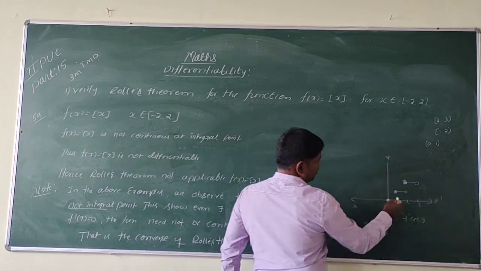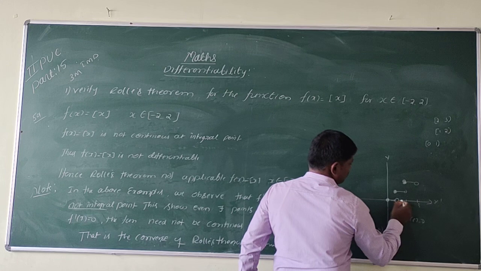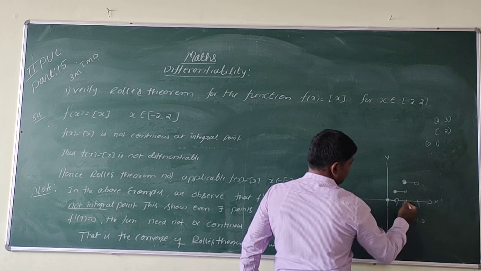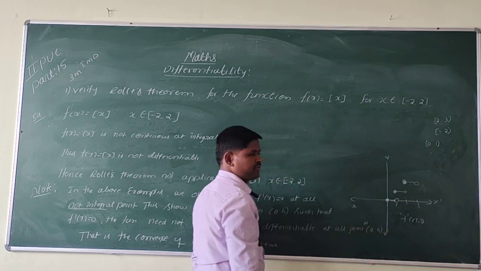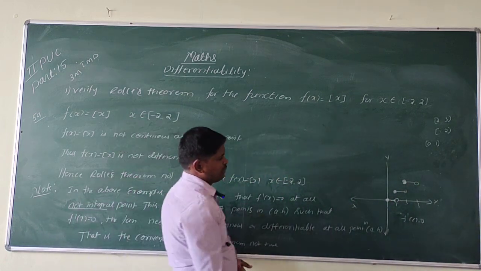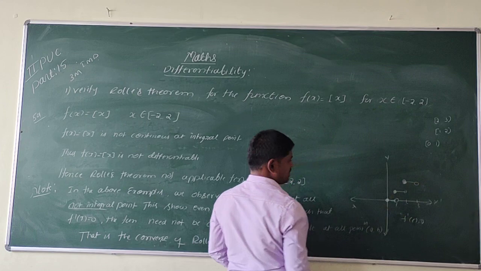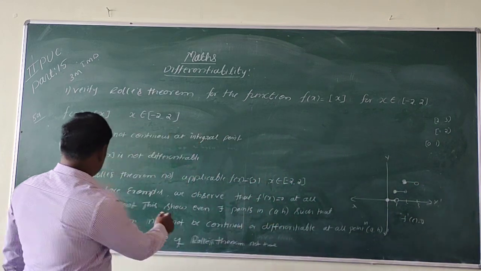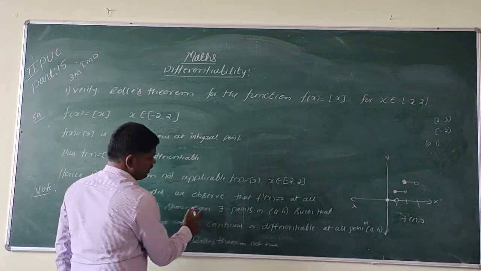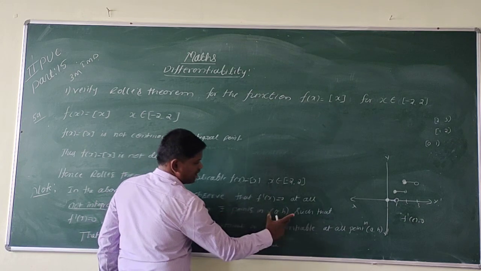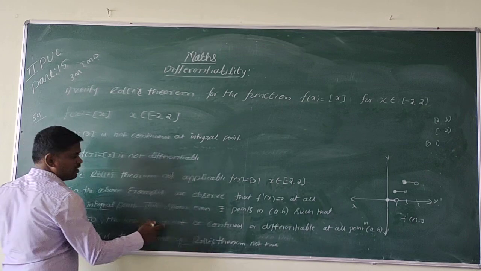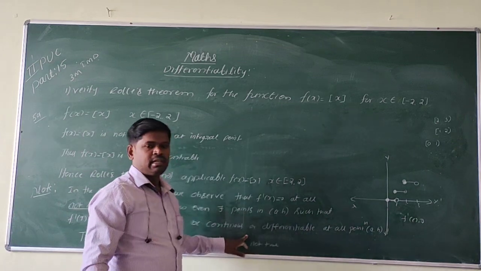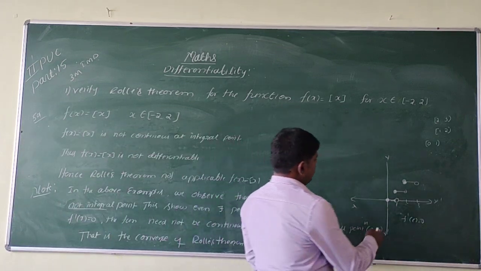If we take any point between 1 and 2, excluding 2, here also f dash of x is 0, that means the slope is 0, parallel to the x axis. This shows that even if there exists a point in (a, b) such that f dash of x is equal to 0, the function need not be continuous.